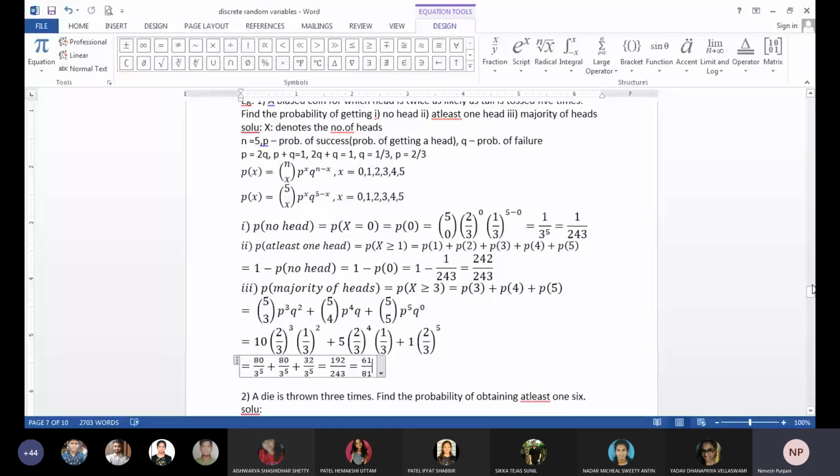Then last term is 2 raised to 5 which is 32, 32 upon 3 raised to 5. तो तीनों का डिनोमिनेटर सेम है तो न्यूमरेटर को ऐड किया and we get 192 upon 243. Common factor is 3. उसको कैंसिल आउट किया तो we get 64 upon 81.